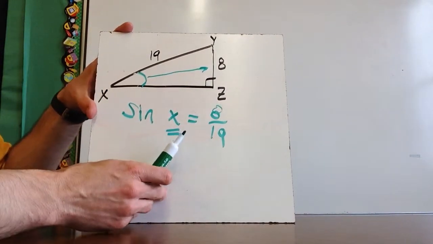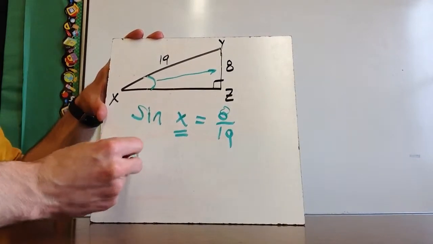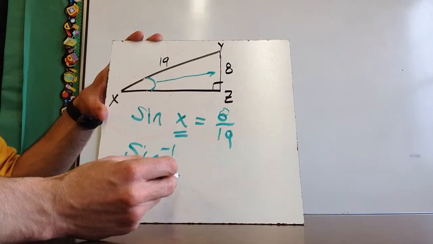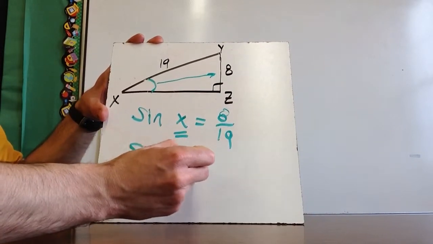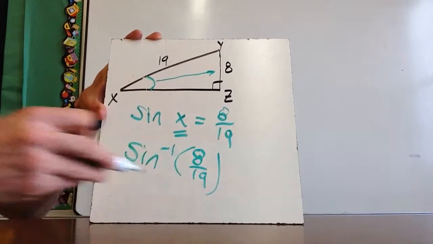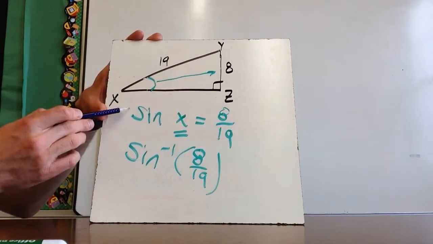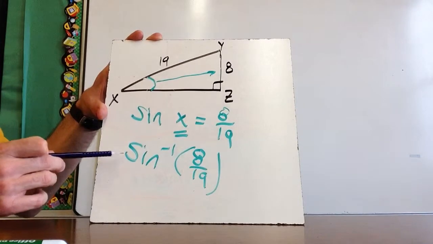So what this is going to turn into is, in your calculator, and a lot of people wonder what this is, I'm going to go inverse sine of 8 over 19. And so in your calculator, oftentimes you'll have the sine button, and then if you hit the second function, you can get this.